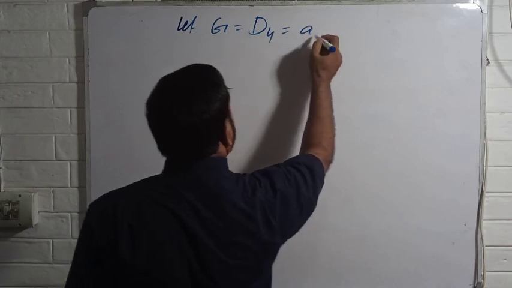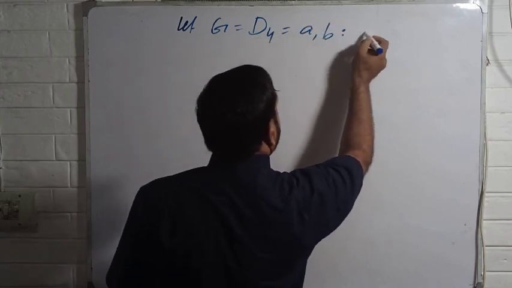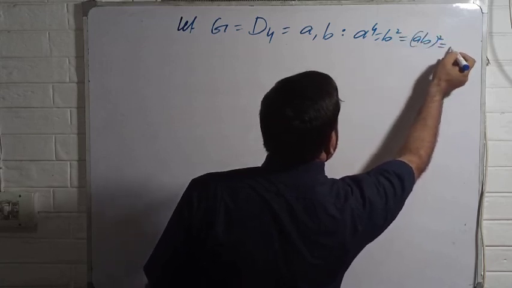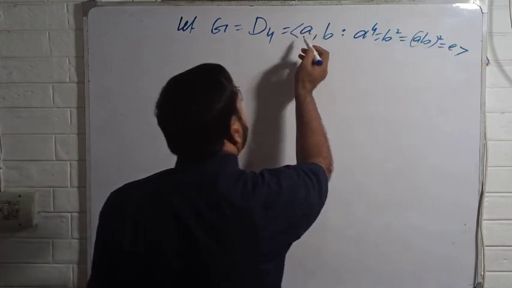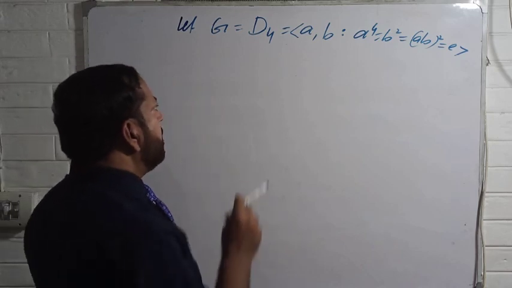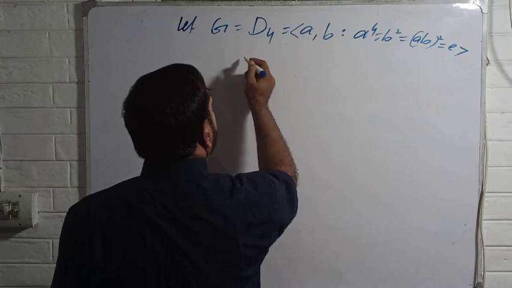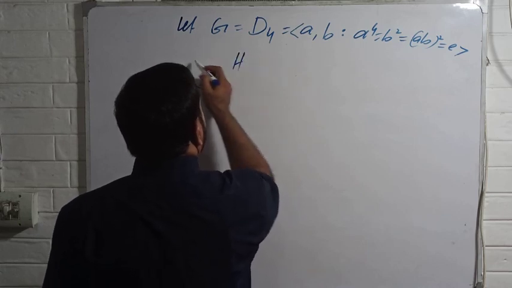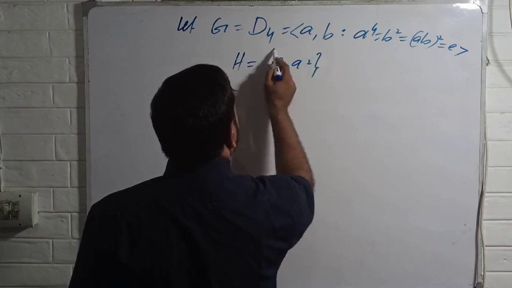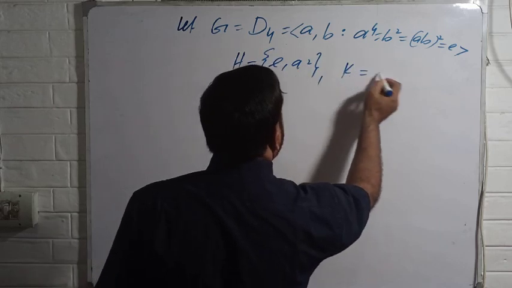You know D4 is generated by a, b such that a^4 = b^2 = (ab)^2 = e. Take any two subgroups of D4, the dihedral group of order 8. Let H = {e, a^2} and K = {e, b}.